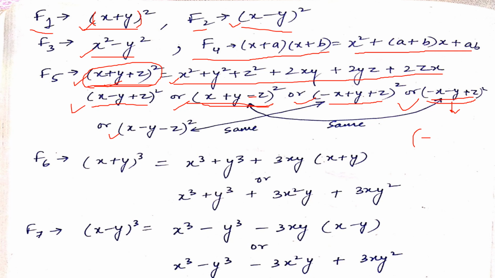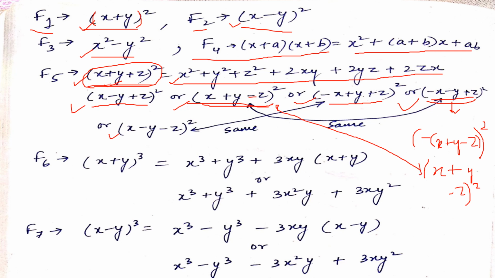Negative common, bracket x plus y minus z, bracket close, other bracket close, and square. Now what will happen? This negative, because of the square, will become positive and the answer will again become (x + y - z) whole square. So you can say this formula and this formula are the same only. Okay. It is just a way of seeing the question.